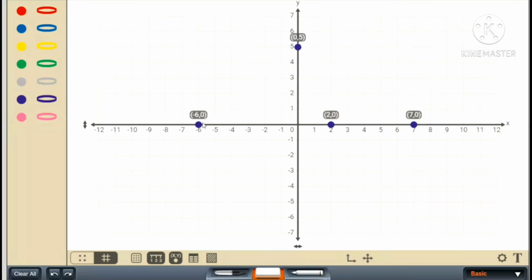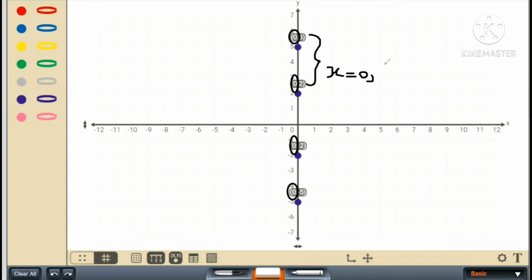Now I'm going to plot points on the y-axis. Let's see what is common in all. Yes, you see x is 0, that is, the x coordinate is 0. So when the x coordinate is 0, where do the points lie?